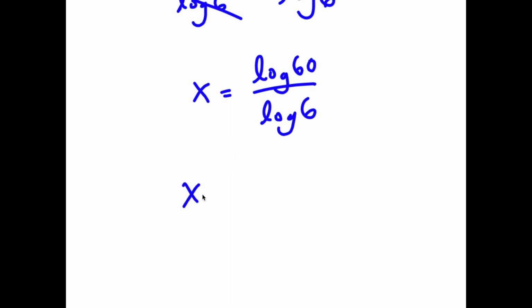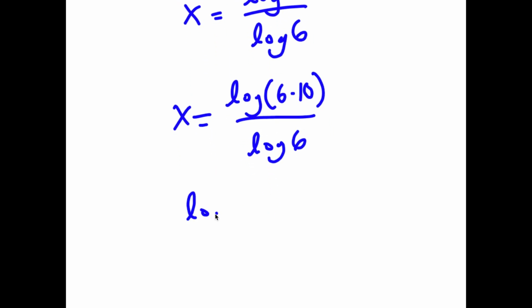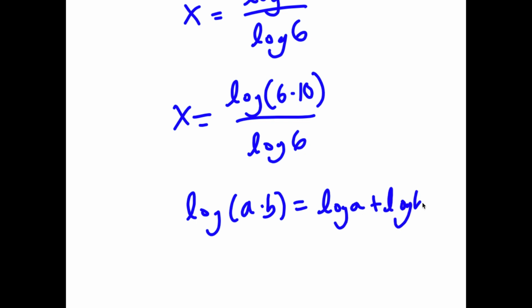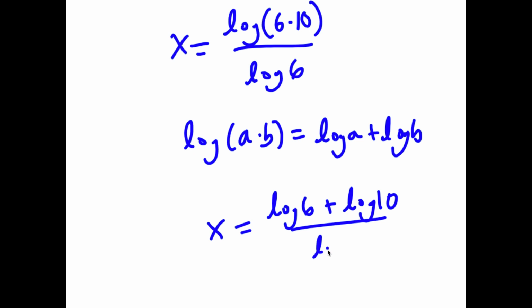Now log 60 I can rewrite as log of 6 times 10. So I have this over log 6. And if I have something in the form log of a times b, this is equal to log a plus log b. So log 6 times 10 is going to equal log 6 plus log 10, and I have this over log 6.